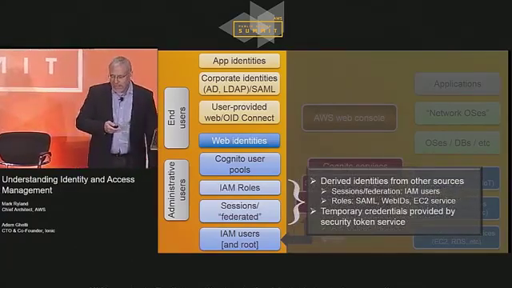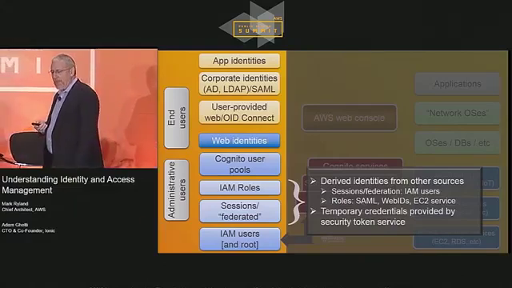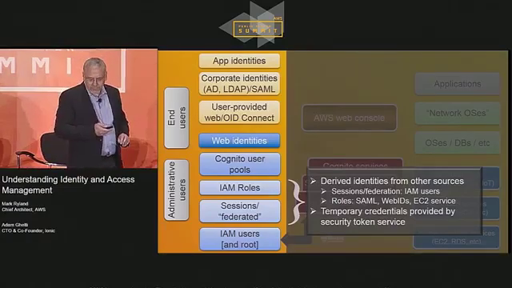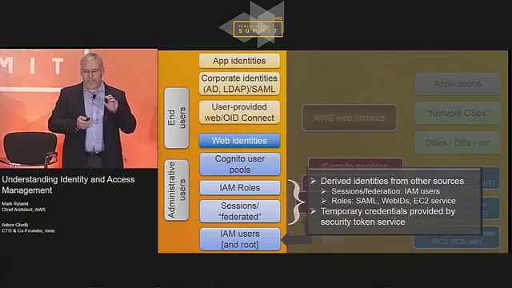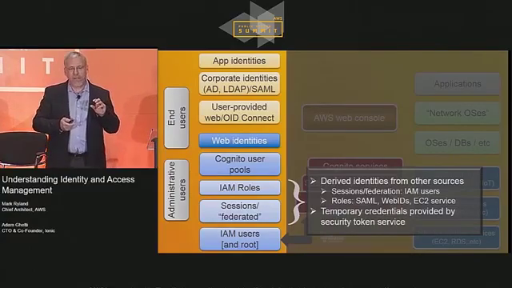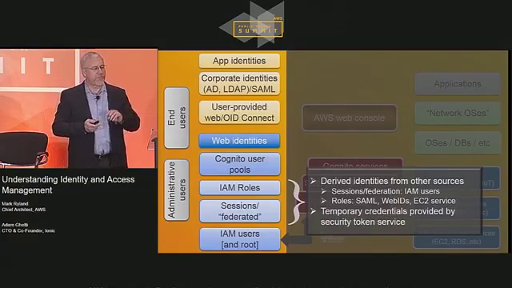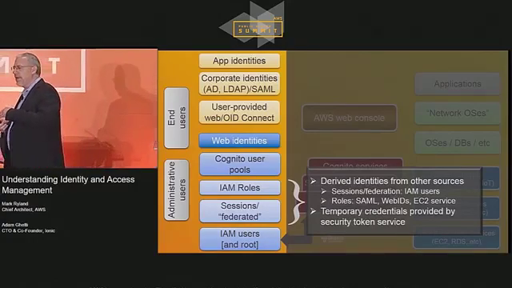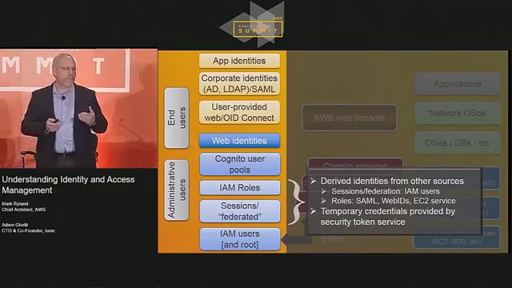In the middle, in lighter blue, are these other modes of the system. In particular, these are modes in which these are derived identities. Think of it this way: the core root identities are users, but there are modes in which the user's access is enhanced or changed slightly.